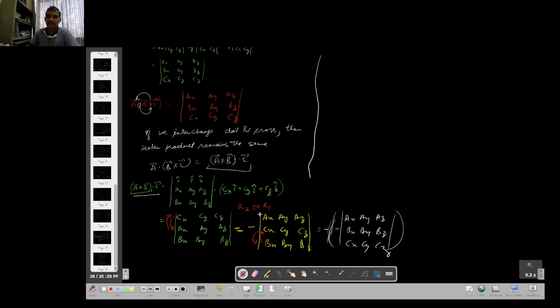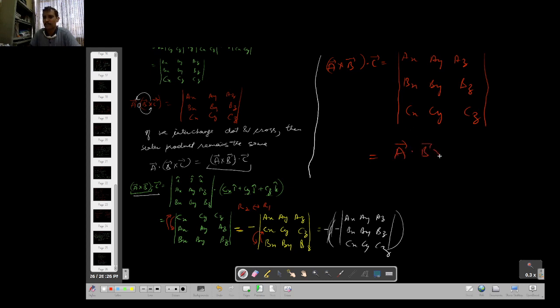If I sum up this result, then I can say that A cross B dot C is equal to AX, AY, AZ; BX, BY, BZ; CX, CY and CZ, which is further equal to A dot B cross C as I proved here, right? So that means if we exchange dot and cross, then the scalar product remains the same. So hence we have proved the given result.